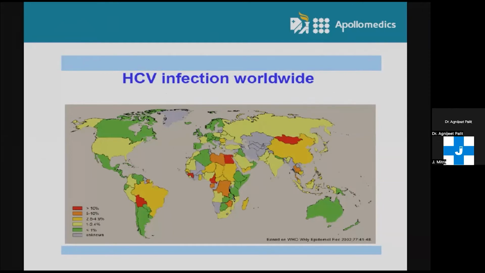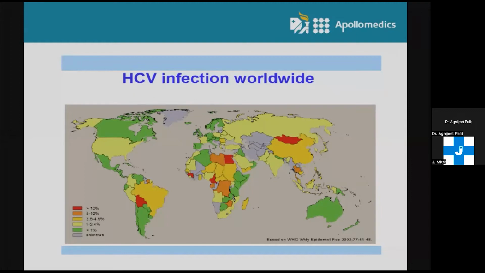If we talk about liver transplantation, liver failure from chronic hepatitis C is one of the most common causes in patients requiring liver transplantation. If we speak about the age and sex preponderance, it has a slightly male predominance with the highest incidence between 20 to 39 years of age.